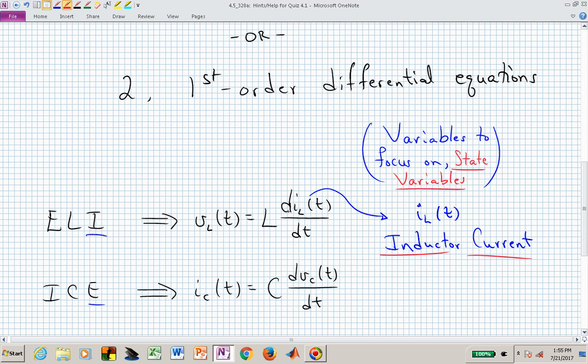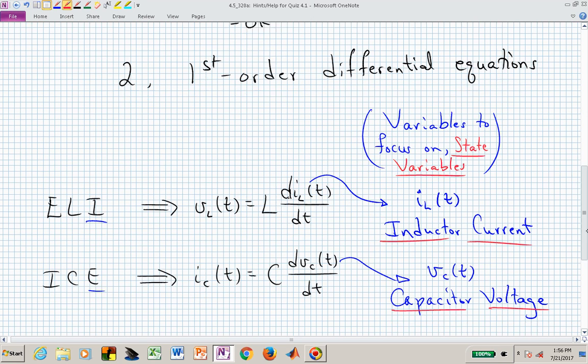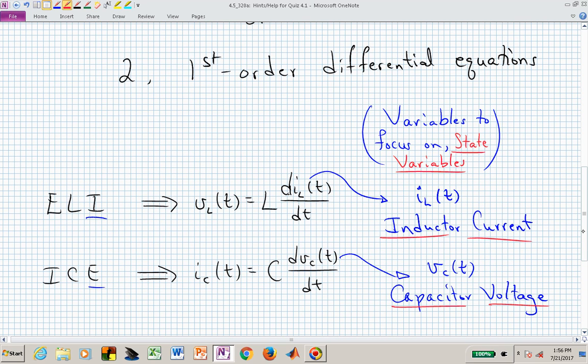So the variables to focus on are the state variables, which are the variables that actually are present in these differential relationships. So we have the inductor current and we have the capacitor voltage. When we're writing our differential equations, we want to be thinking about writing these equations in terms of inductor currents and capacitor voltages.